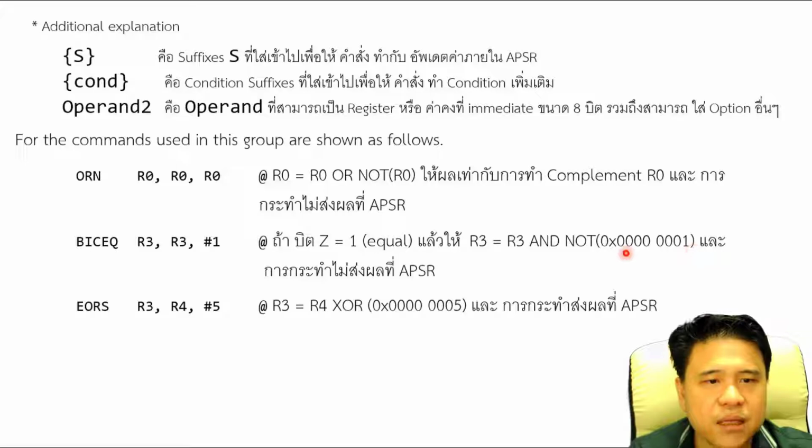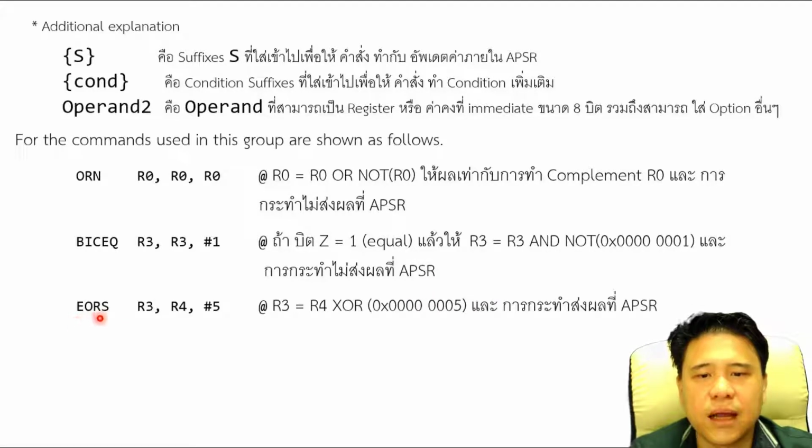You can see here why I say everything is 32-bit, because if you NOT this one, it will become 1, and this one is not 32-bit, this one is hexadecimal. Therefore this is 32-bit, and you can see here it is very different when you pass through NOT: you have F and E. But because we don't put S in here, this action will not affect the APSR at all.